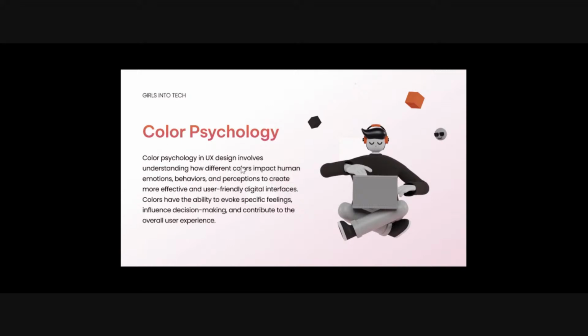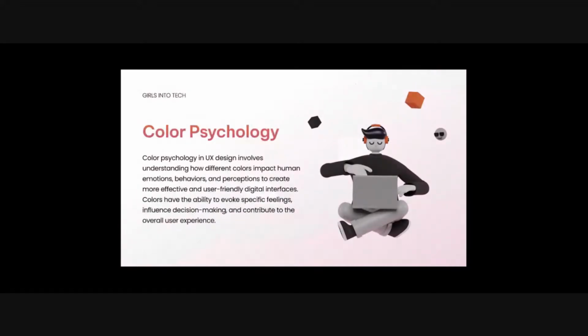So color psychology, we're looking at the definition, right? Color psychology in UX design involves understanding how different colors impact human emotions, behaviors, and perceptions to create more effective, user-friendly digital products, right? Apart from digital products, in our everyday life you can see that colors play a very important role. For example, with traffic lights, the green light means go and the red light means you should stop, right?